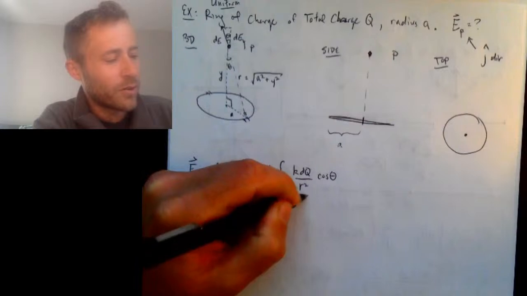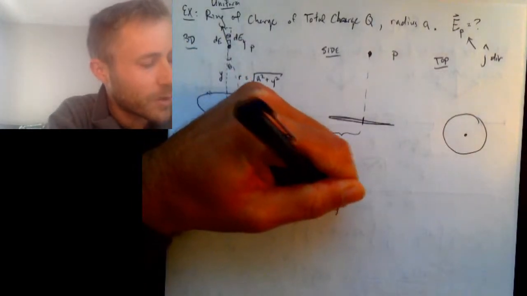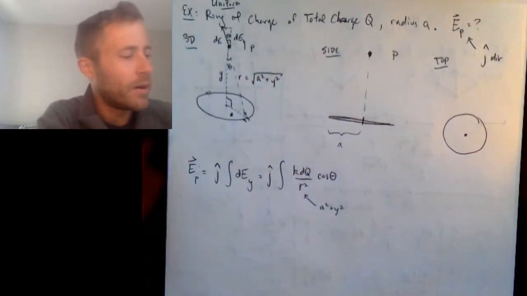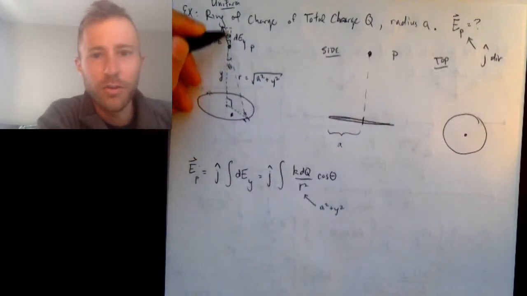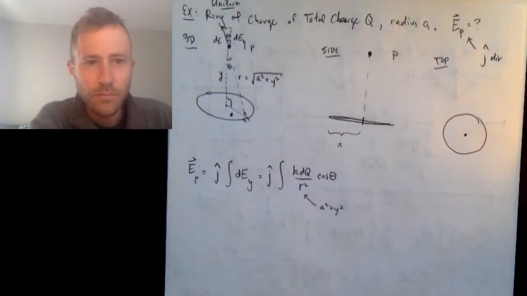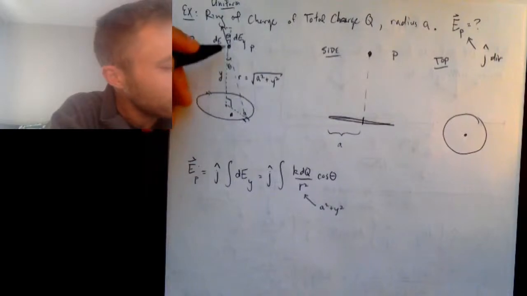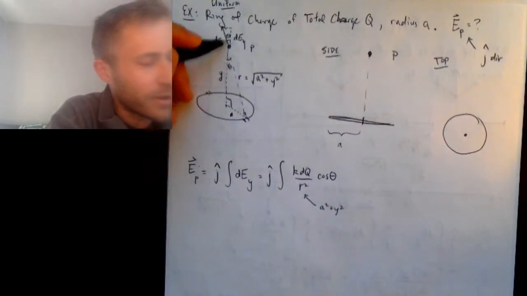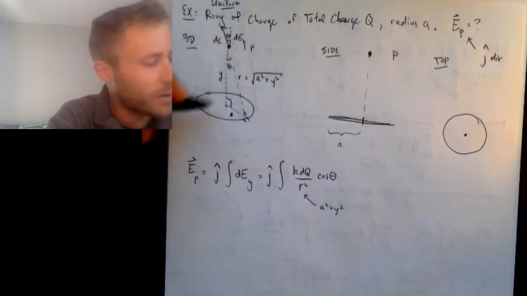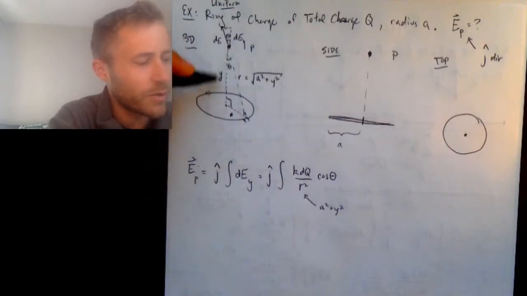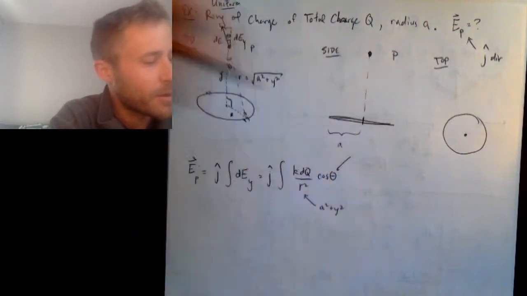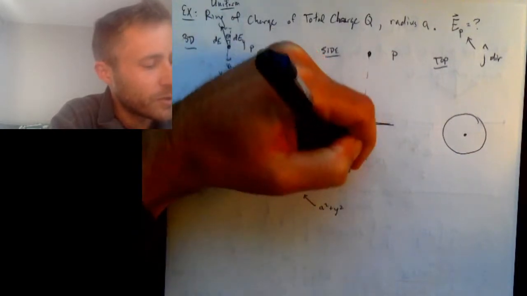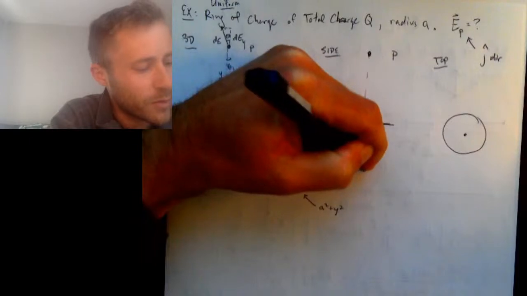That means that R squared is simply A squared plus Y squared. These are vertical angles. And so I could calculate cosine of theta with this, or with this lower triangle. It's going to be adjacent, which is y, over hypotenuse, which is the square root of a squared plus y squared.